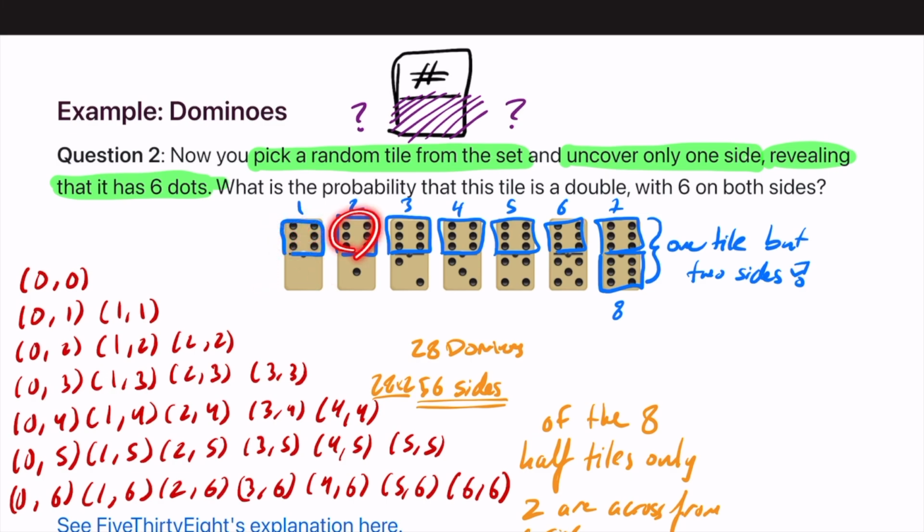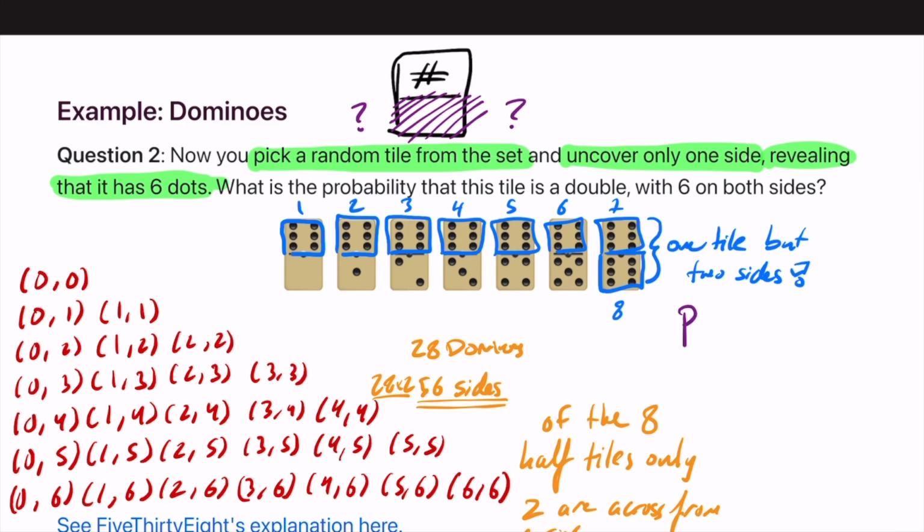No, you reveal this one, or this one, or this one, or this one, or this one. All the ones that are across from it are not a 6. But if you reveal this one, it is across from a 6. And if you reveal this one, it is also across from a 6. So it's just 7 and 8 here from our set of domino halves that could work. So this becomes actually a very easy problem to solve with those considerations.